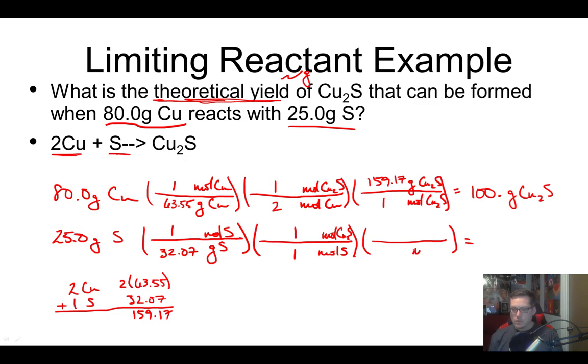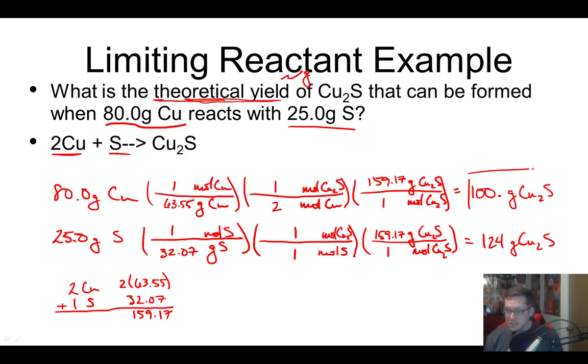And then moles of Cu2S to grams of Cu2S, so for every 1 mole, it's the same molar mass, 159.17. So now we take our 25 divided by 32.07 times 1 divided by 1 times 159.17, and we make 124 grams of Cu2S.